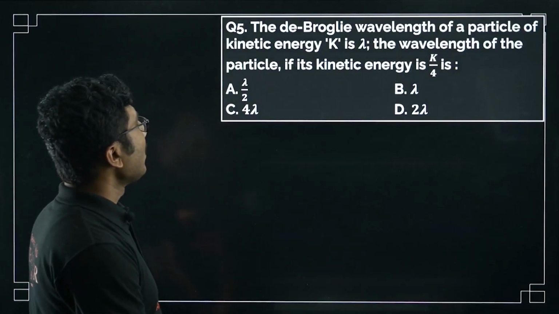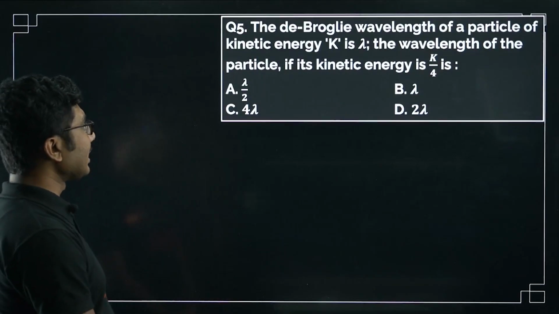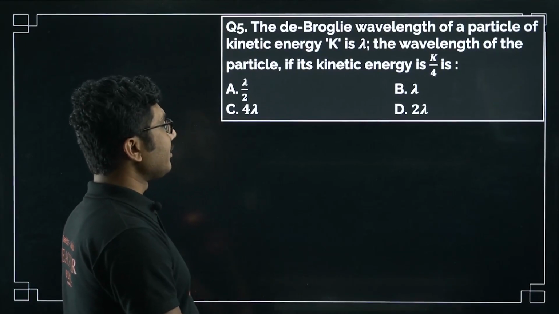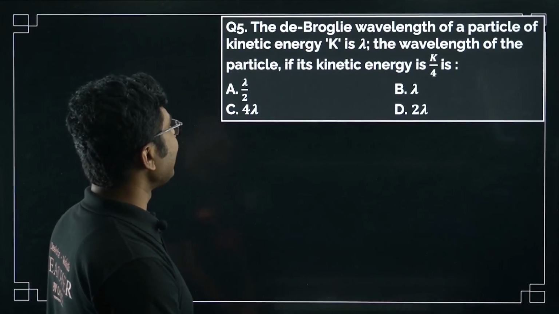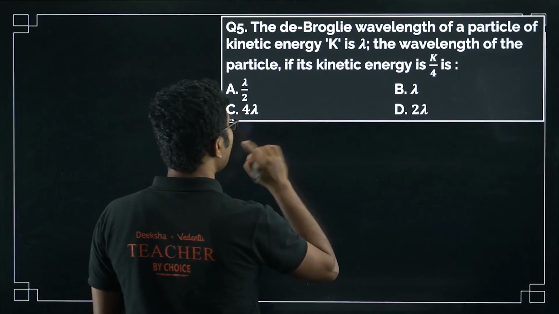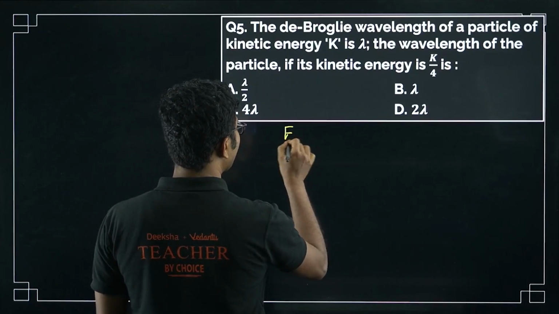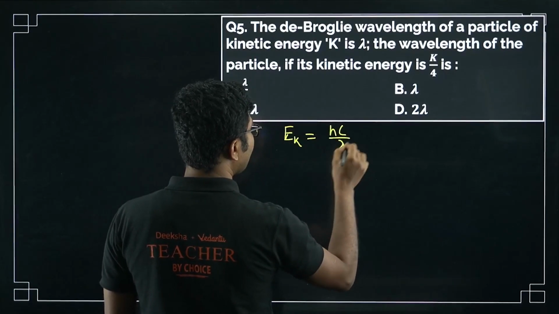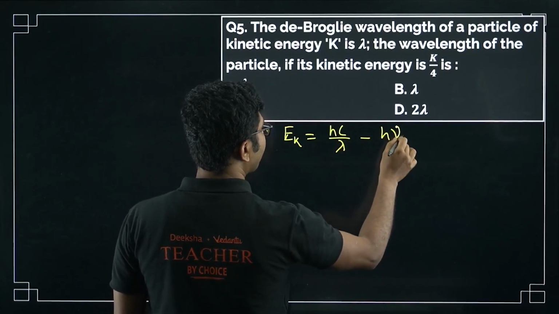Next question. The de Broglie wavelength of a particle of kinetic energy K is lambda. What is the wavelength of the particle if its kinetic energy is K by 4? So what is the kinetic energy formula? Kinetic energy we already know, Ek is equal to hc by lambda minus h nu naught.